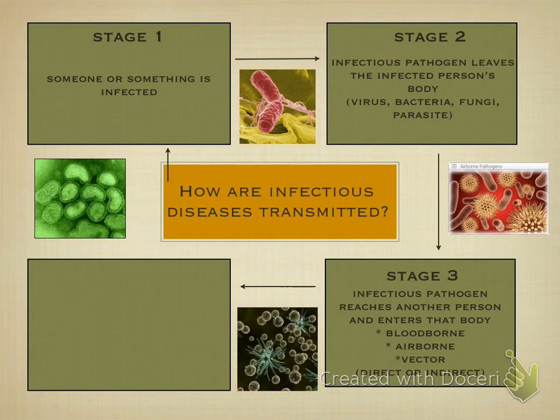So you've got direct, body to body, and indirect, where there's something in between you and that other person that transmitted it. Okay? And then obviously the last thing, stage 4, is now you or the second person is going to develop that infection. So that's the path that any pathogen takes from one person to another.